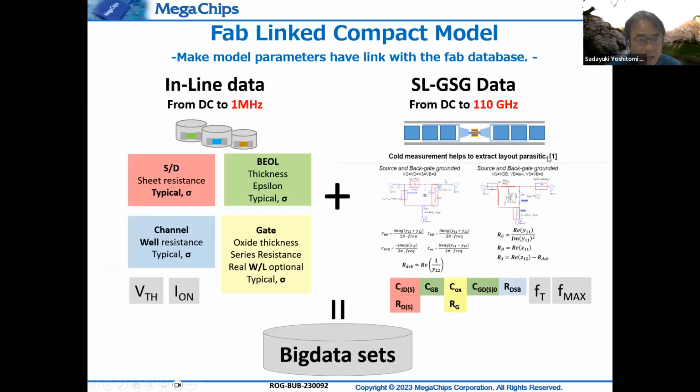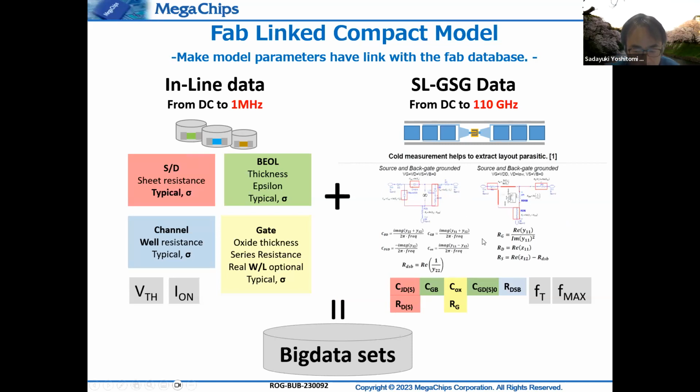And here, I'd like to explain the big data ecosystem. The big data in the ecosystem which we developed consists of two types of data set. The first is widely called inline data. The second is an additional data set containing S-parameter data, which I already explained in my presentation.